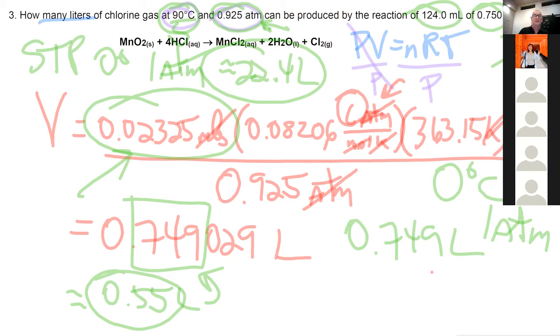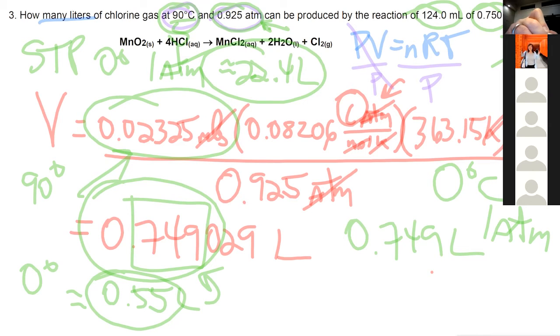So remember that half a liter number is at 0 degrees, and this number is at 90 degrees. So at 90 degrees, the volume should be larger. So that looks good. And the atmospheric pressure is also lower.